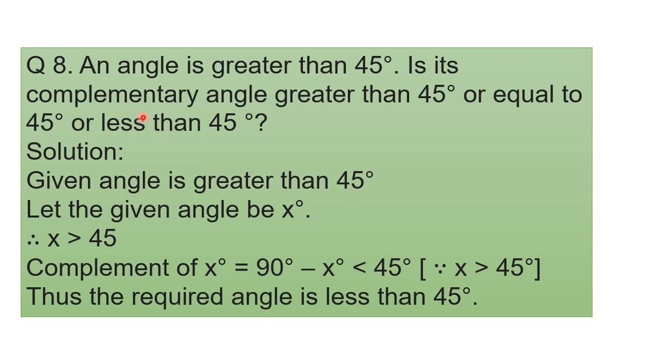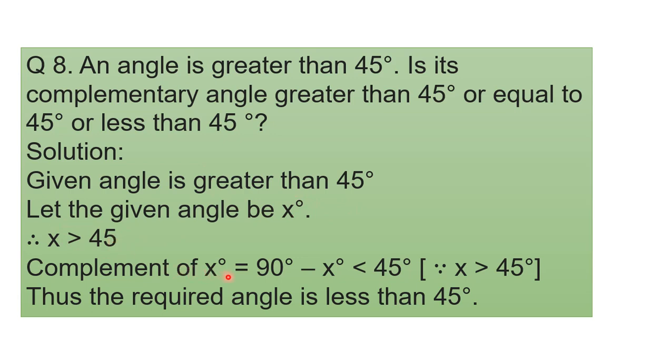Next, question number 8. An angle is greater than 45 degree. Is its complementary angle greater than 45, or equal to 45 degree, or less than 45 degree? So let's take the angle as x, and this x is given greater than 45 degree.